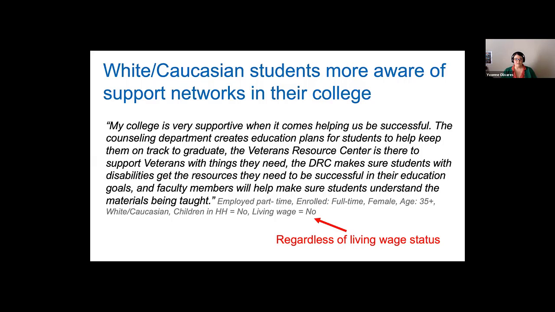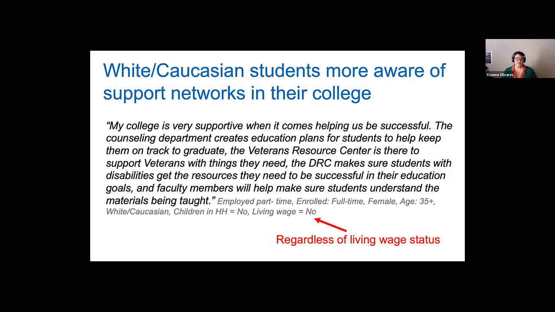And the best way to exemplify this is when we talked to students, at a very high level, and asked them to tell us about the support systems at their college helping them choose their major. What we heard from white and Caucasian students was that they were very aware of the support networks at their college. One student here said, "My college is very supportive when it comes to helping us be successful. The counseling department creates education plans for students to keep them on track to graduate.